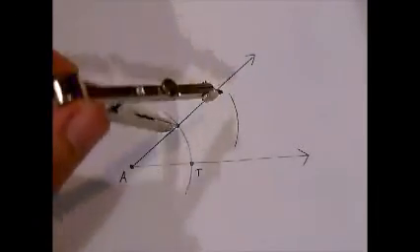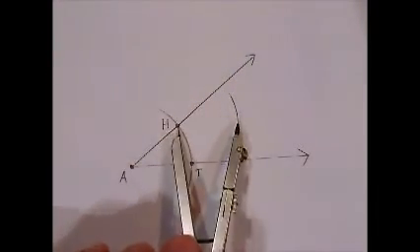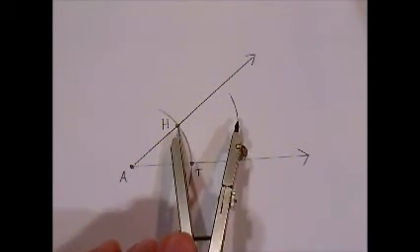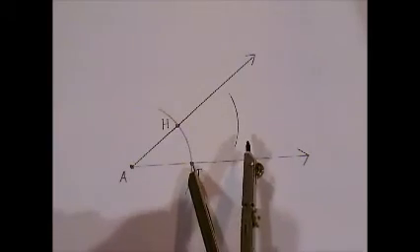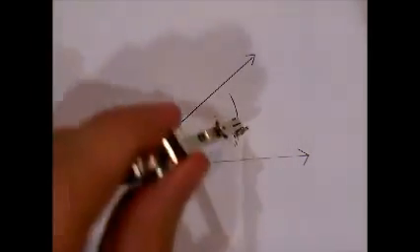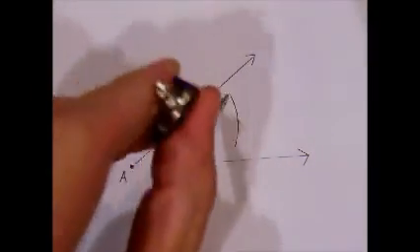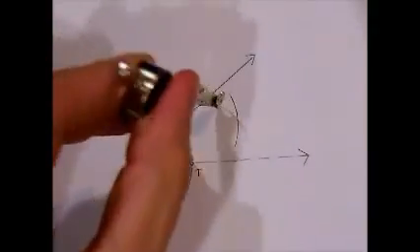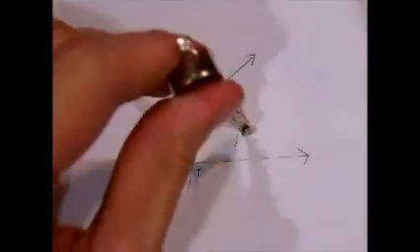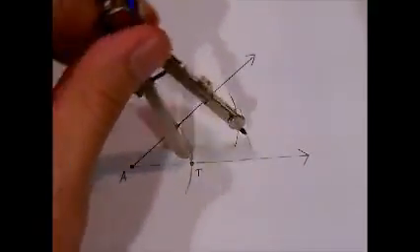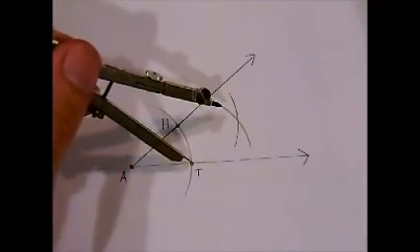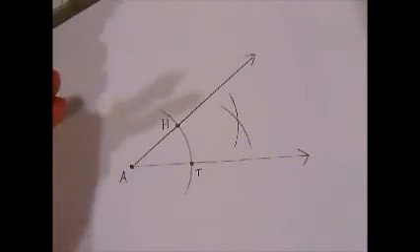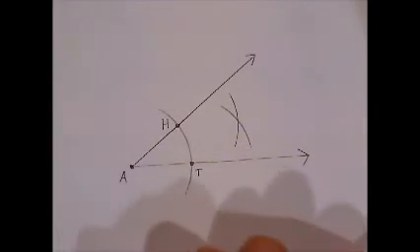Then you're going to transfer the needle from H to point T, keep the same compass setting and make a similar arc. And when you do this, you will notice that these two new arcs intersect. We are now done with the compass, so you can set it aside.